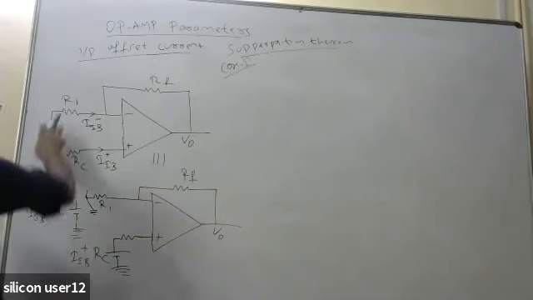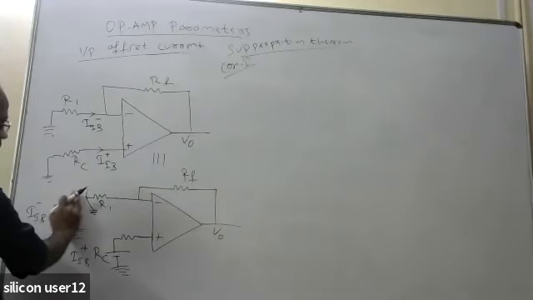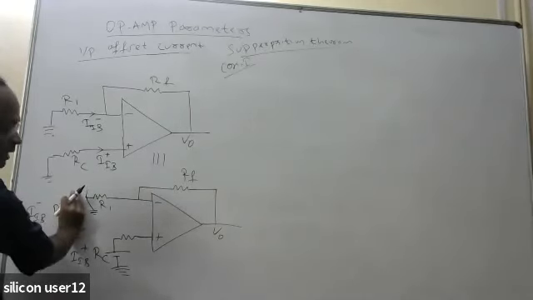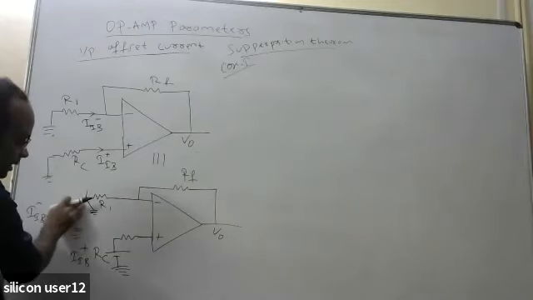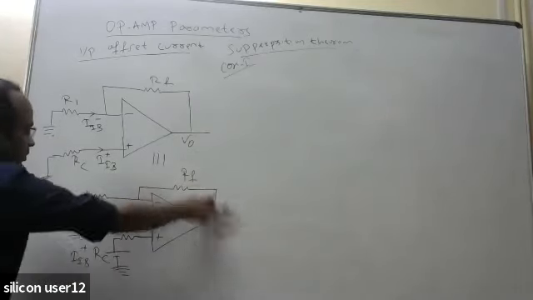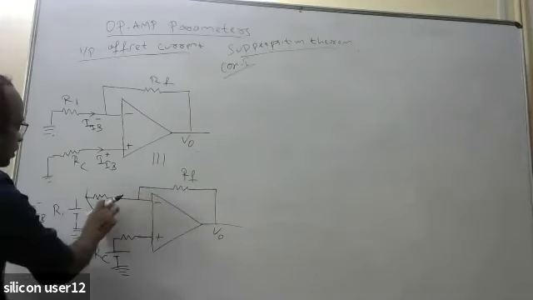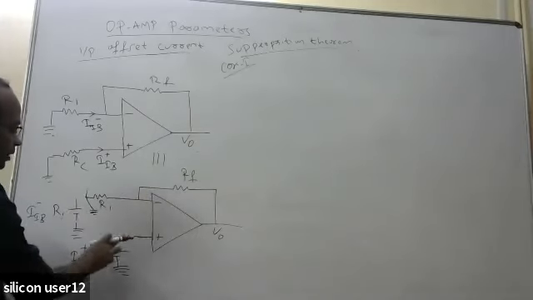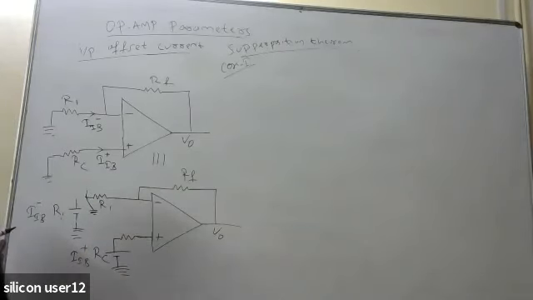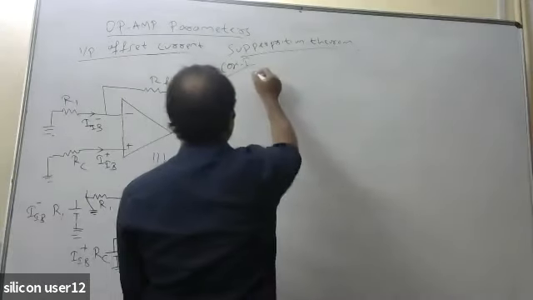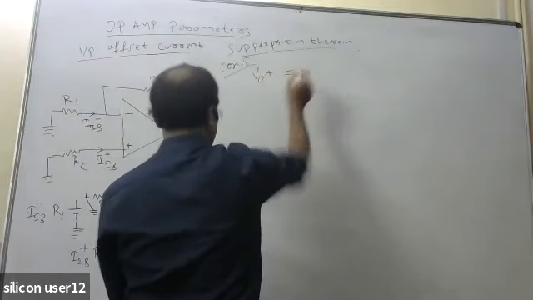To apply the superposition theorem, I first connected this one to 0, assuming this voltage is not there. Now, does this configuration look like a non-inverting configuration? Yes or no? Look, there is RF, there is R1, and this side is connected to ground. You are giving the voltage at the plus terminal, so it's a non-inverting configuration. So you can easily calculate the output voltage V0, which we name V0 plus.